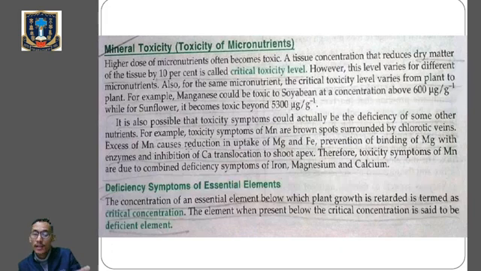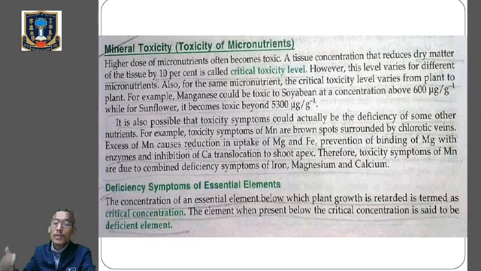For example, manganese could be toxic to soybean above 600 microgram per gram, while for sunflower it becomes toxic beyond 5300 microgram per gram.